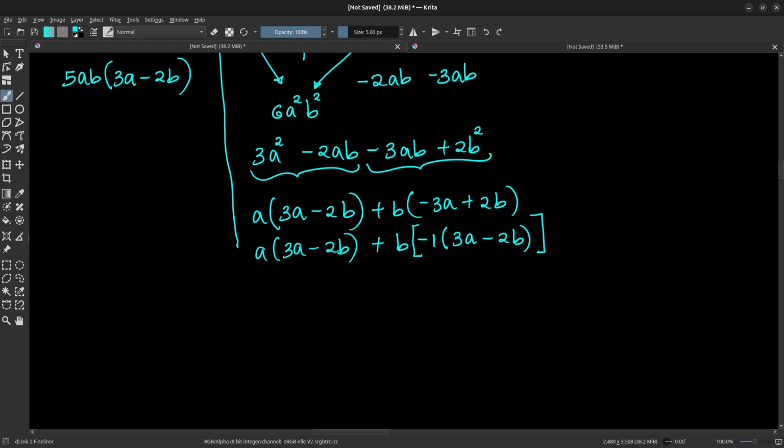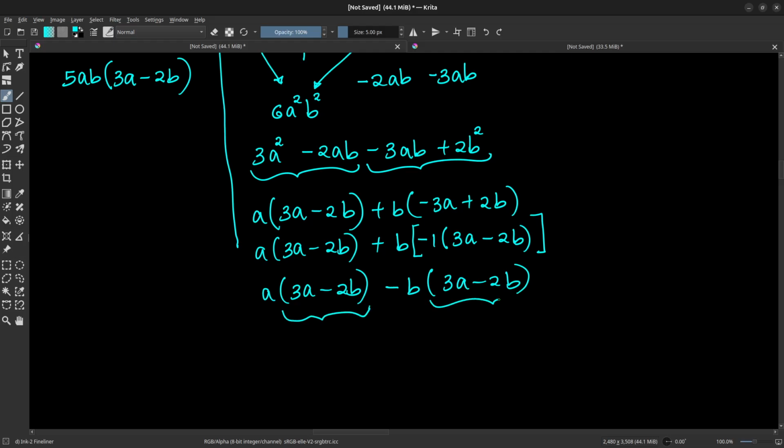When we expand this, b times the negative 1 gives minus b here, and we still have 3a minus 2b, and then the first part, a times 3a minus 2b. So now in both terms we have 3a minus 2b.